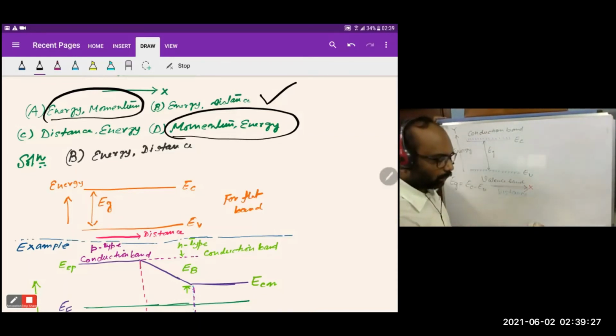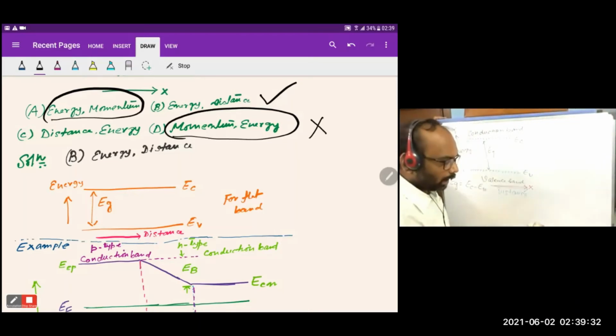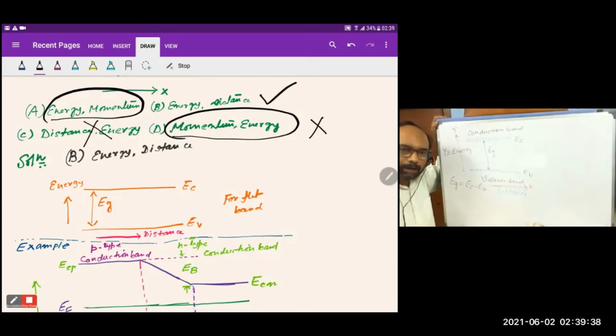Therefore this momentum energy option is not applicable, and the distance energy option is also not applicable in this case. But what about the energy momentum, which is option A? Do we use this kind of energy momentum relation? Yes.